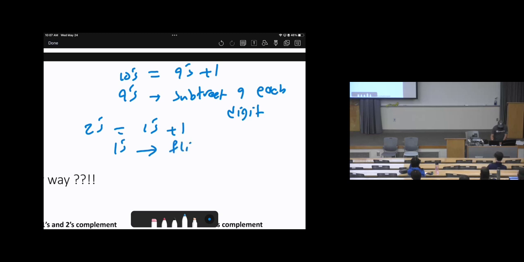Flip, or replace 0 by 1 and vice versa. Let's summarize everything. The advantage, or why we are using this, is that we need to know how to represent negative numbers. All of the positive numbers will be the same, but this complement is how to represent the negative numbers.